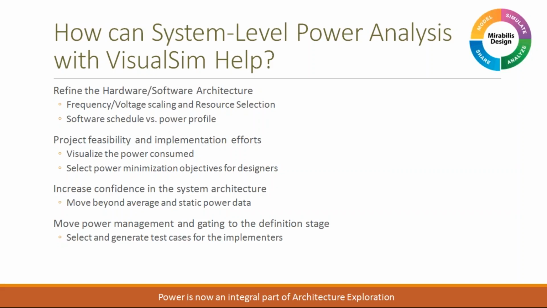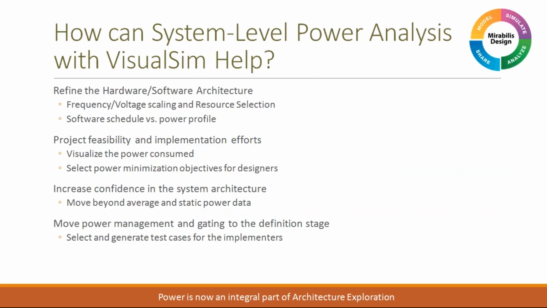And with regard to software architecture, we help you map your software applications onto multi-core and multi-processor platforms to distribute your tasks uniformly between multiple processing units, and to achieve a better performance versus power trade-off.